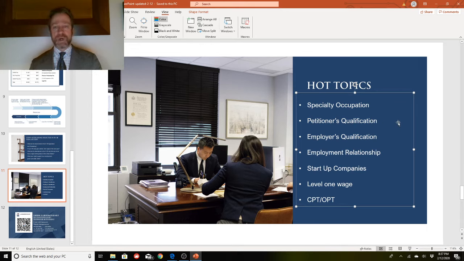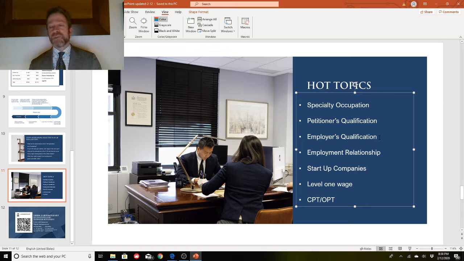As I said before, the employer is the petitioner. The employer sponsors the employee for the H-1B visa, and smaller companies receive more scrutiny.